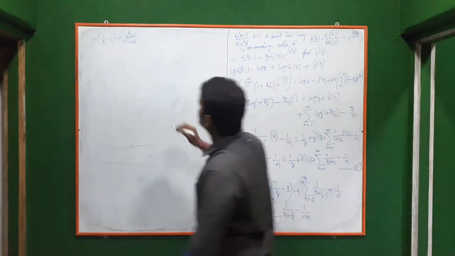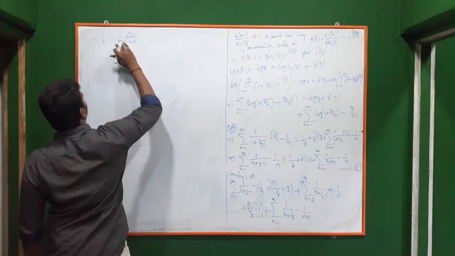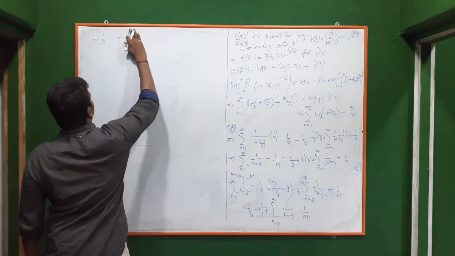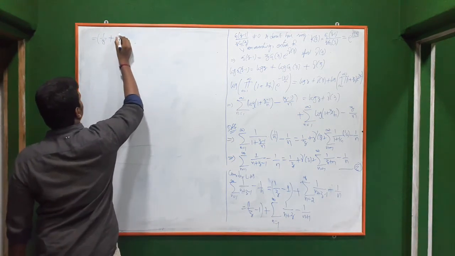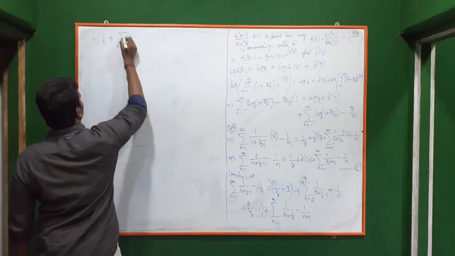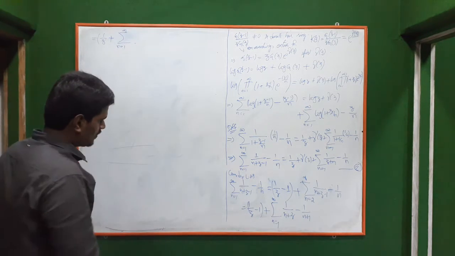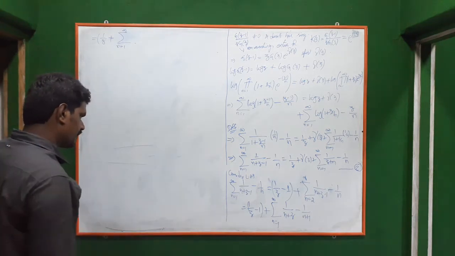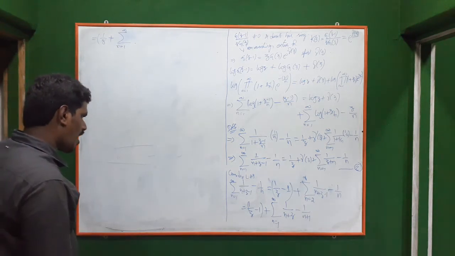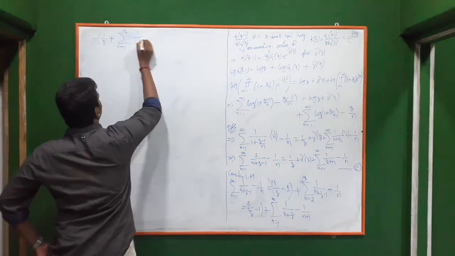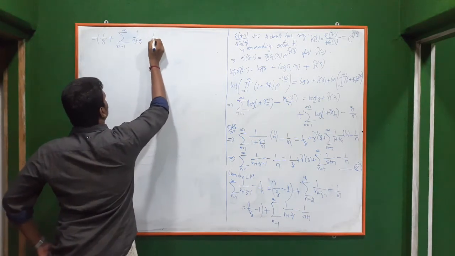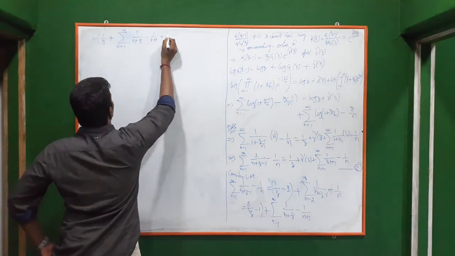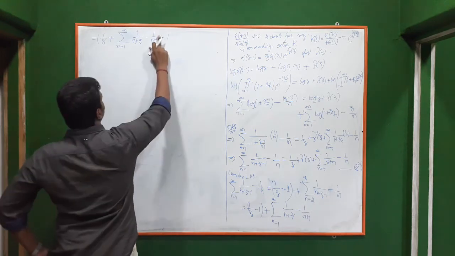So this you can write as 1 by z plus the summation n from 1 to infinity, where 1 we can add there: 1 by n plus z minus 1 by n plus 1, plus 1 minus 1.